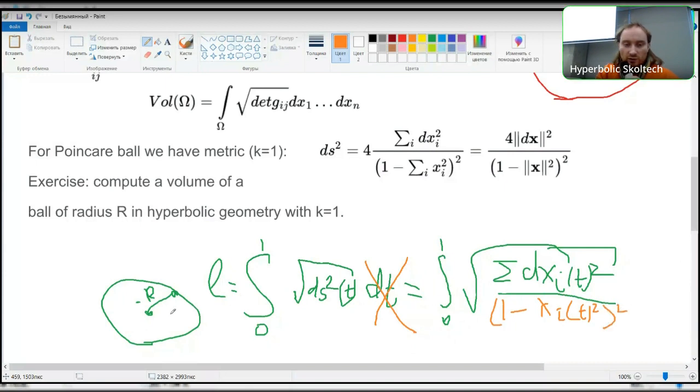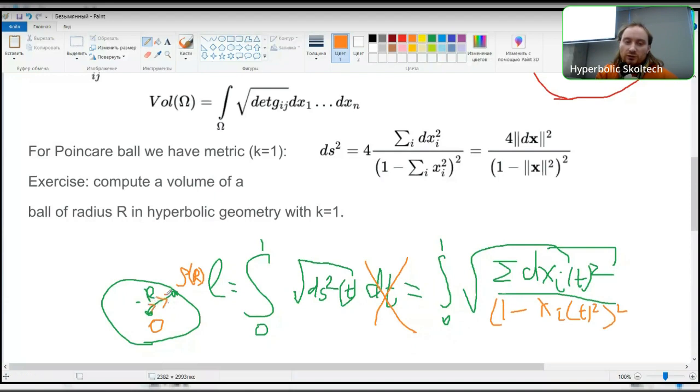And what's next? So this is the point 0, and here we have rho of r. So let's think that our point is moving with constant Euclidean velocity.